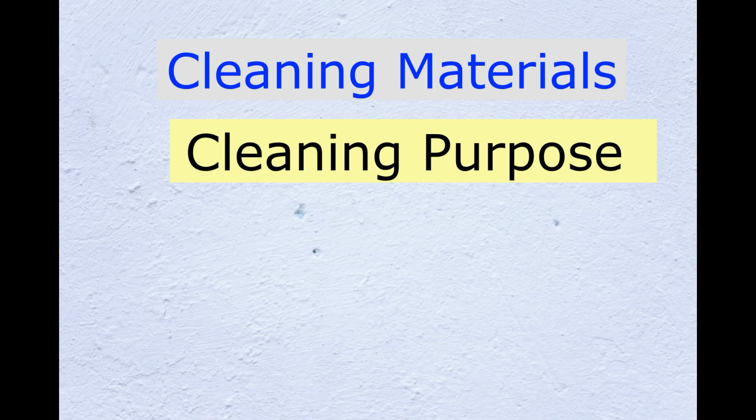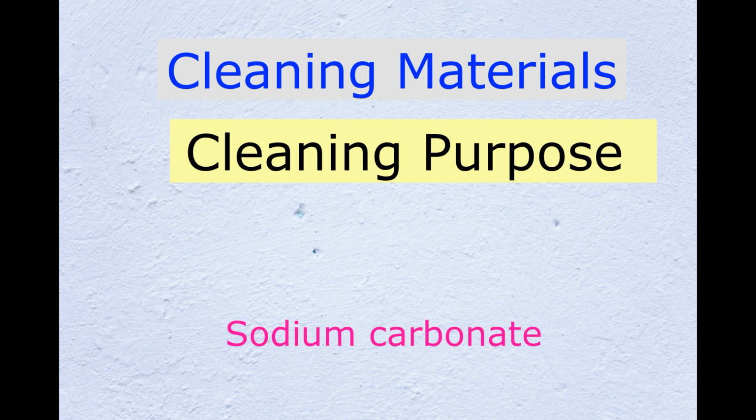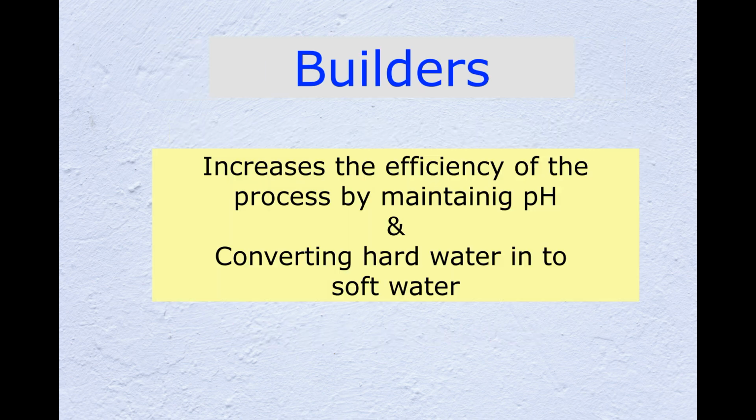Next, cleaning materials. Cleaning materials are not surfactants, even though they are capable of doing the cleaning work. Example is sodium carbonate. Next, builders. Builders are very important to achieve perfect cleaning process.